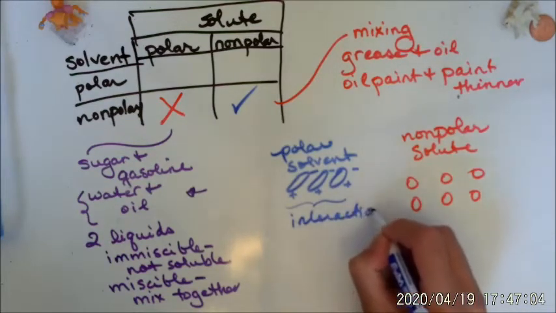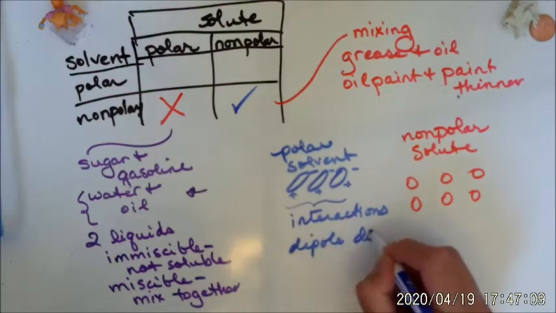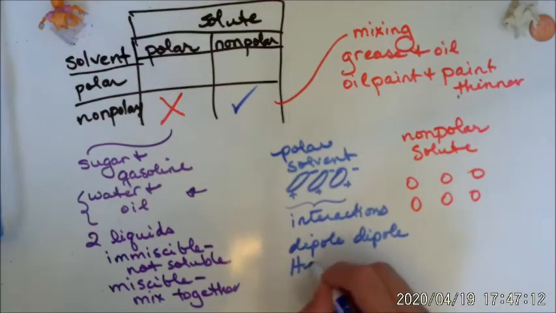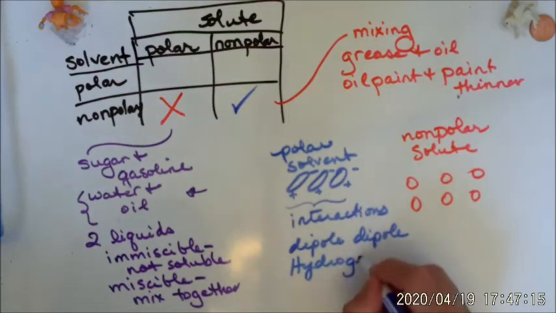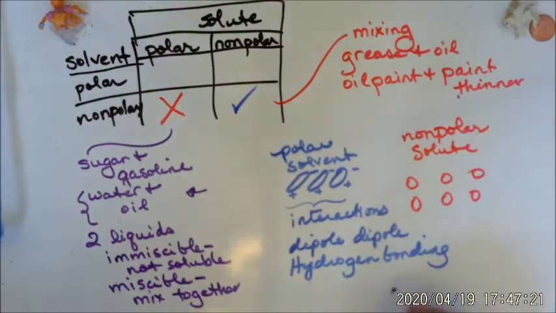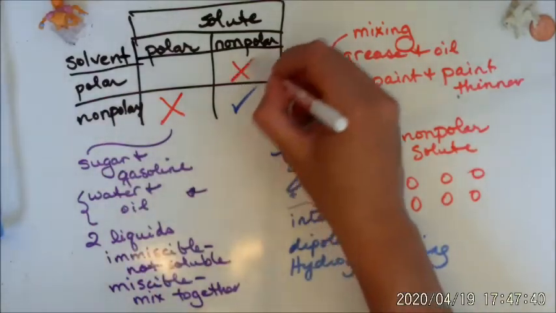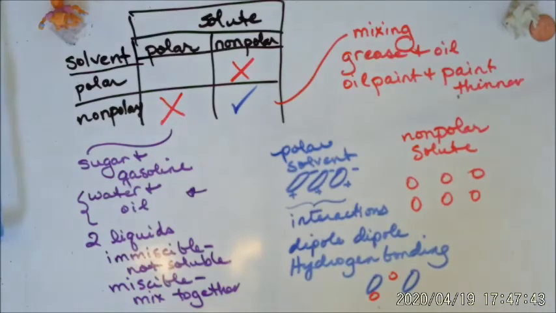All the interactions that you're going to lose include your dipole-dipole, you're going to lose hydrogen bonding maybe, and you're not going to gain them back, because instead you're going to have interspersed a nonpolar solute. Which means that I have something in between, so I won't have those interactions. So it turns out polar solvent, nonpolar solute, again, won't mix.